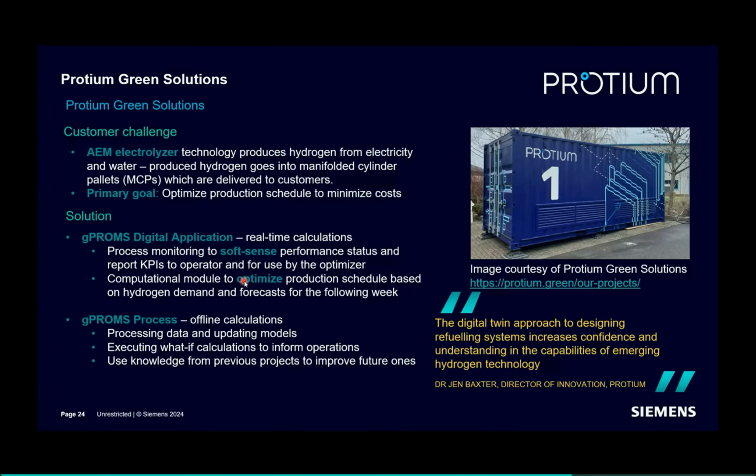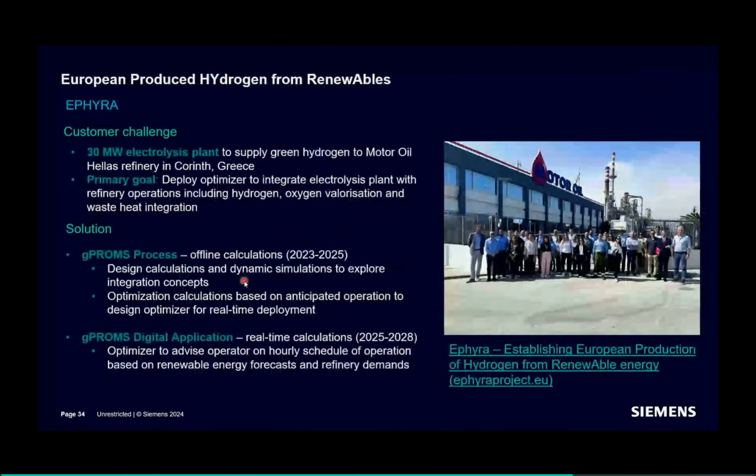Another industry success story is the ongoing EFIRA project, which is based on the creation of the digital twin of a 30 megawatts electrolysis plant to supply green hydrogen to Motor Oil in Greece. And I would say the project is quite similar to what Protium is doing.